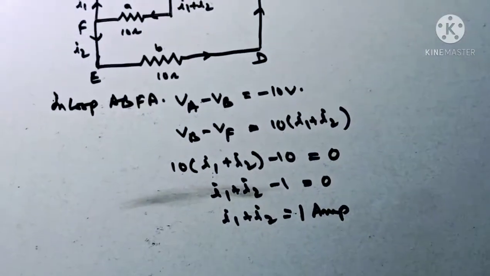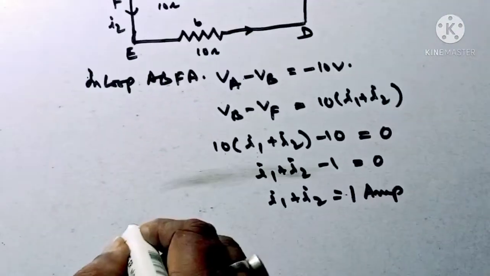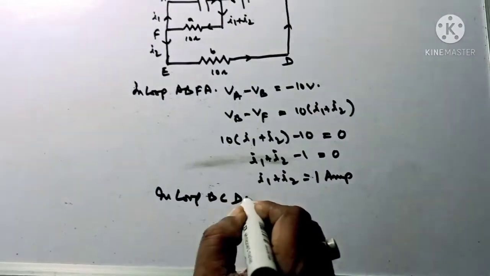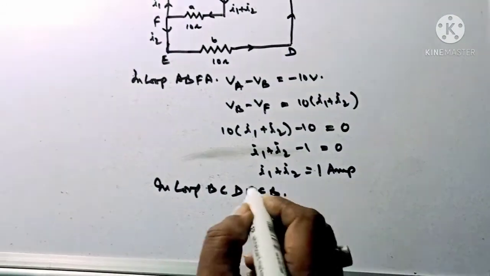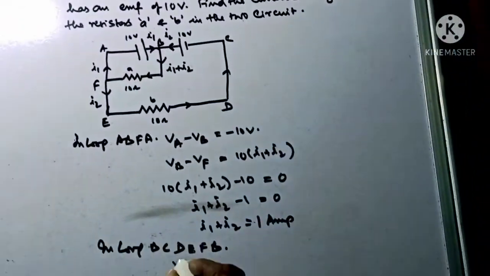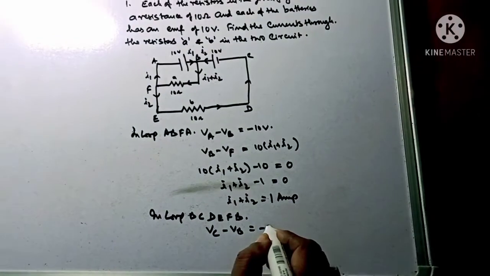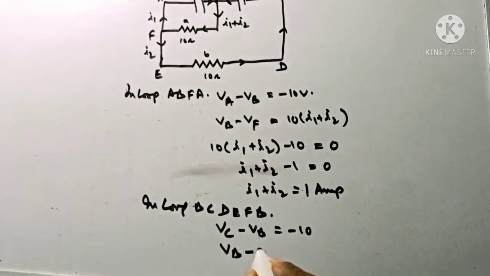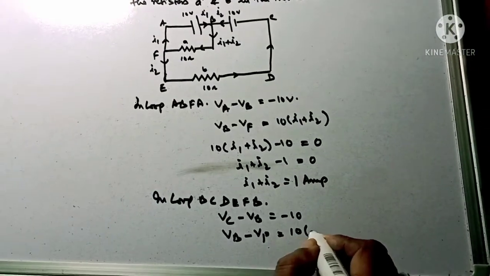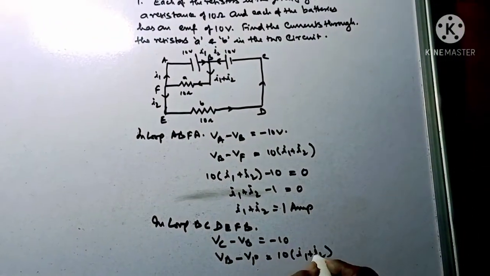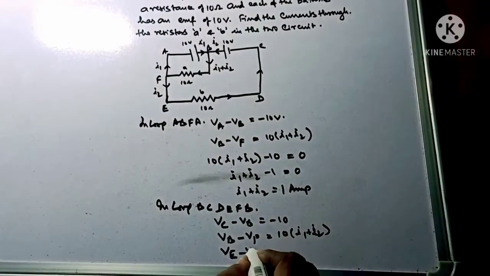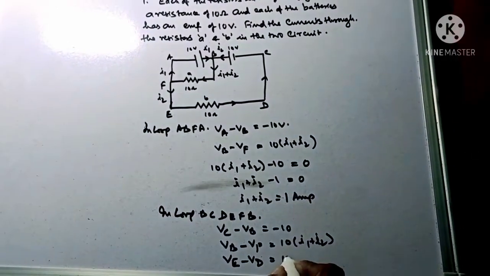Now I am going to the second loop, that is the loop B, C, D, E, F, B. In this loop, VC minus VB is equal to minus 10, and VB minus VF will be 10(I1 plus I2), and again VE minus VD will be 10 I2.